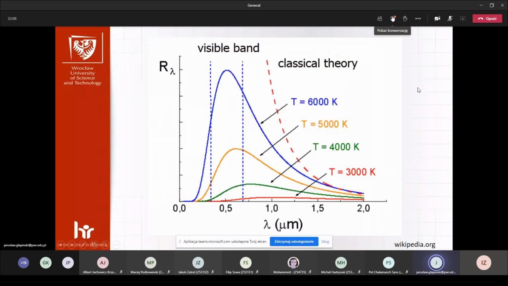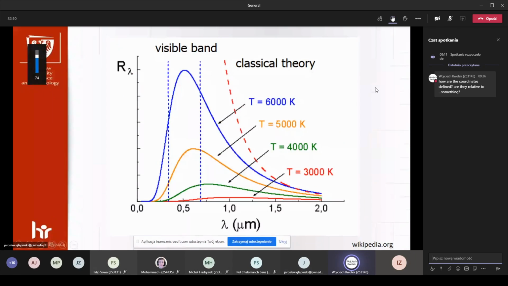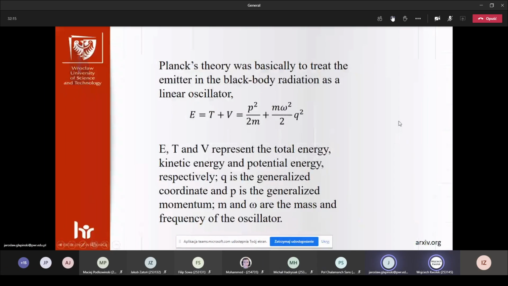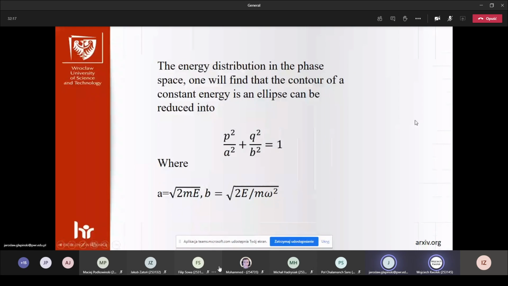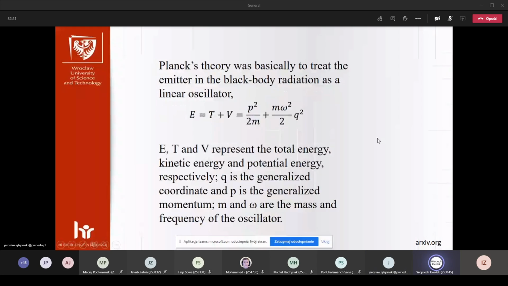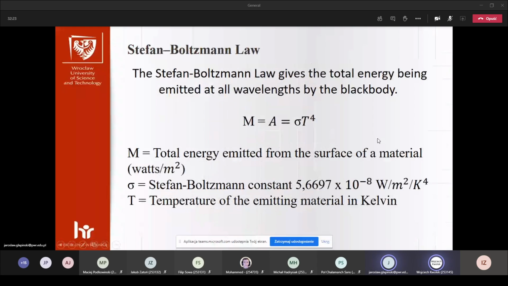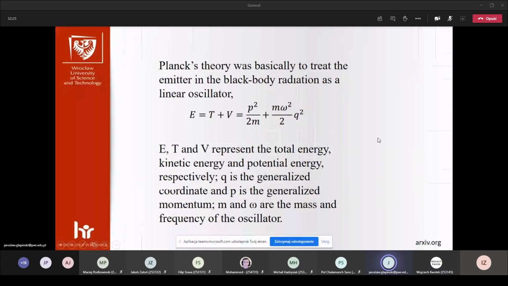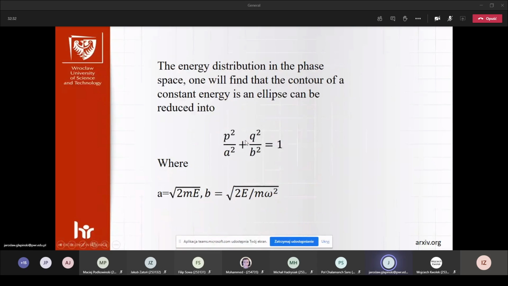Yes, but can I ask a question about this equation from earlier? I don't know if we need to know this, but these coordinates P and Q, I'm not sure what they are. Yeah, P and Q are the coordinates of this ellipse.